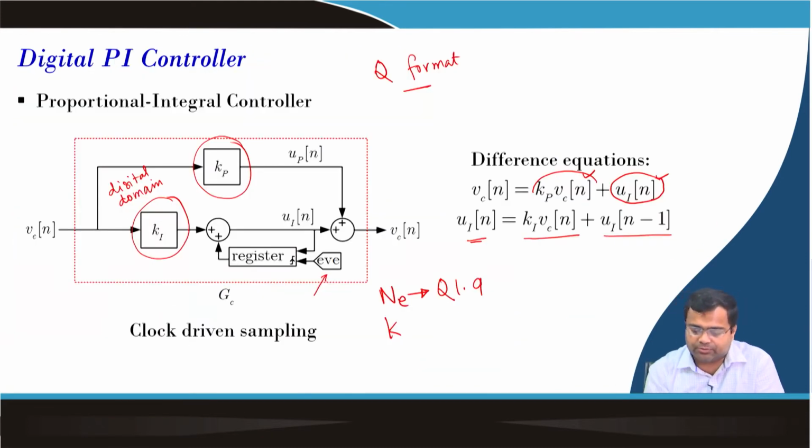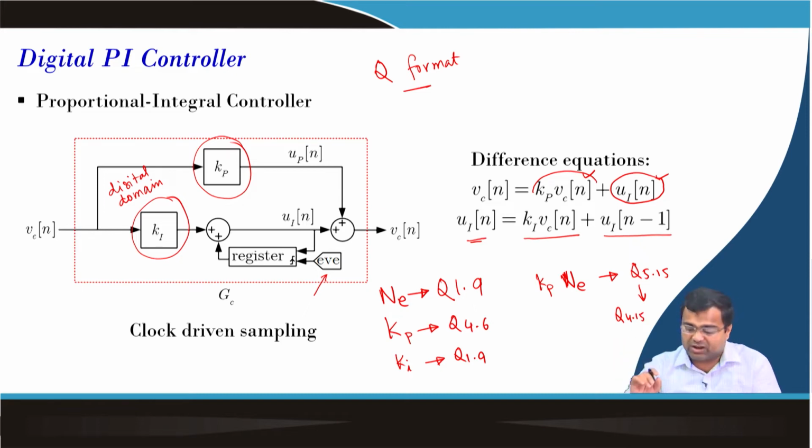That means we are talking about Kp Q4.6 and Ki Q1.9. So, when you multiply Kp into NE, then we have discussed it will be 5.15, but we can resize to Q4.15 by dropping 1 MSB, this is the sign bit.